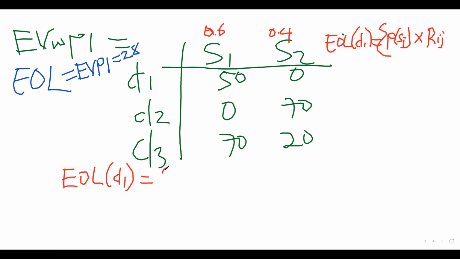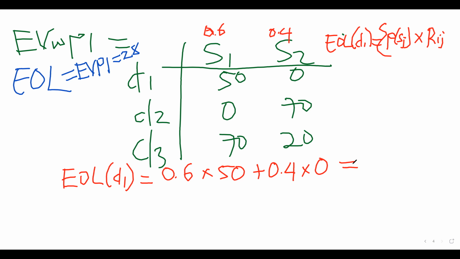Then plus the next probability of the state of nature, 0.4, multiplied by that regret, which was 0. That should give you the expected opportunity loss for the apartment building.